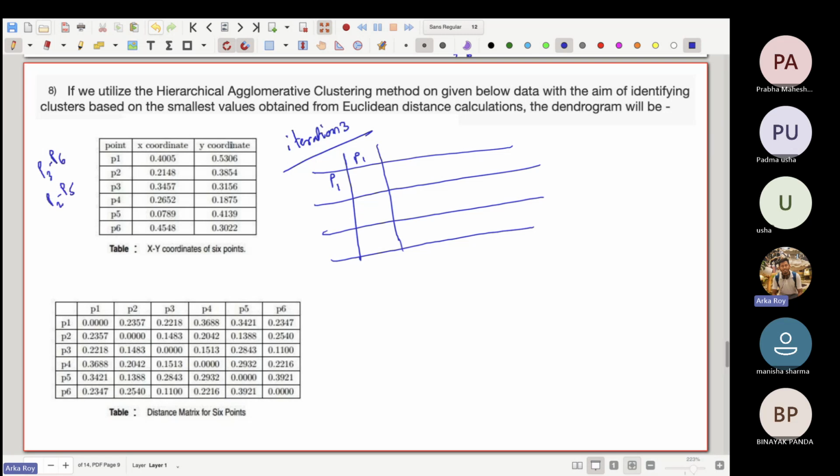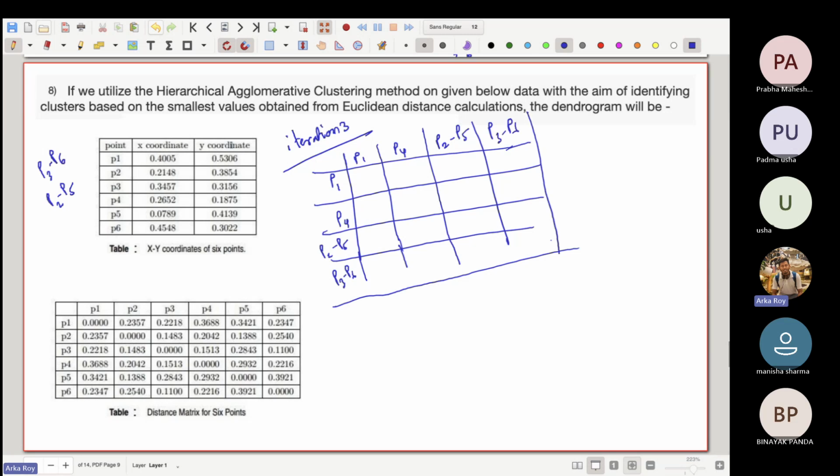So I can write P1, P4. Then I can write P2, P5 and P3, P6. Because I cannot write them as individuals, because now they are part of the clusters. So therefore I can write P2, P5 and P3, P6, right?